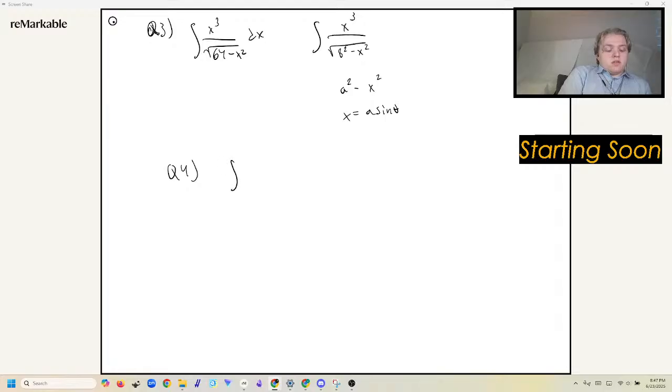So, we're looking at the integral of 5x squared plus 18x plus 20, all over 2x plus 3 times x squared plus 4x plus 8.